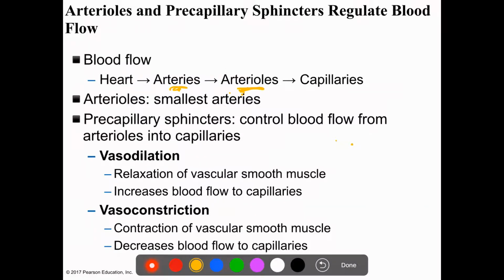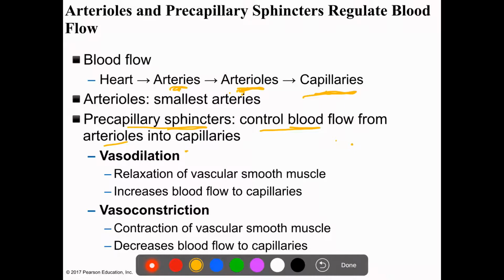And from these arterioles, the blood vessels would keep branching and downsizing, and the blood flow would continue into the capillaries. Now, into capillaries, there is something called the precapillary sphincters. These are controlling the blood flow from the arterioles into the capillaries.